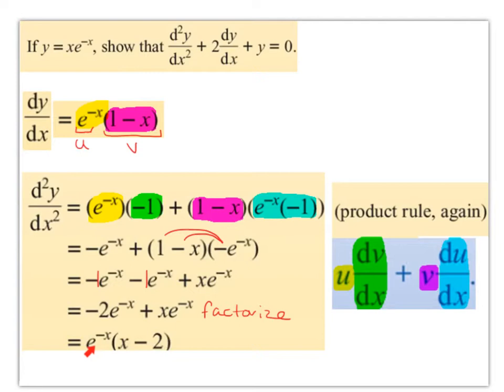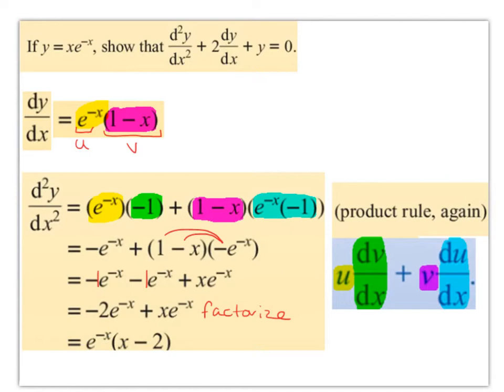So e^(-x) divides into -2e^(-x), leaving us with -2, and e^(-x) divides into x e^(-x), leaving us with x. So again, you could have had these the other way around.